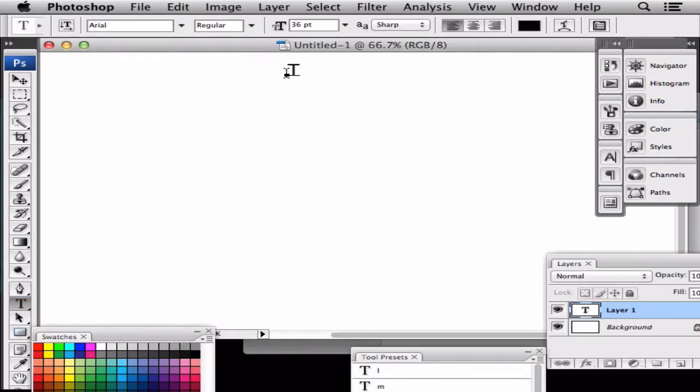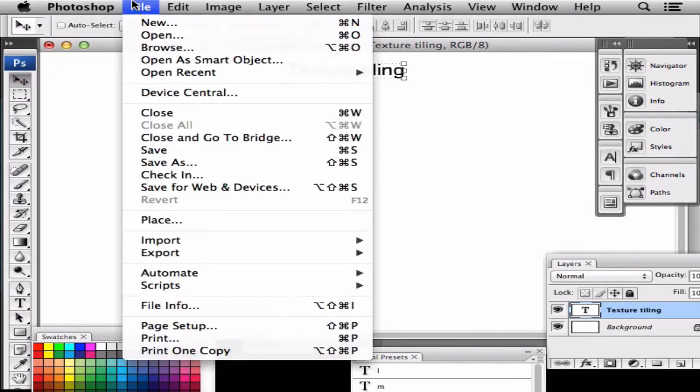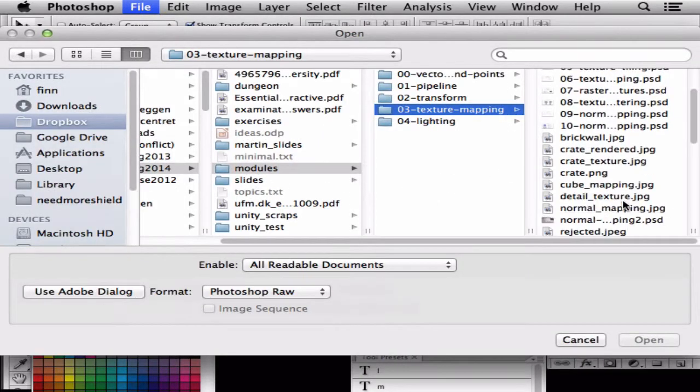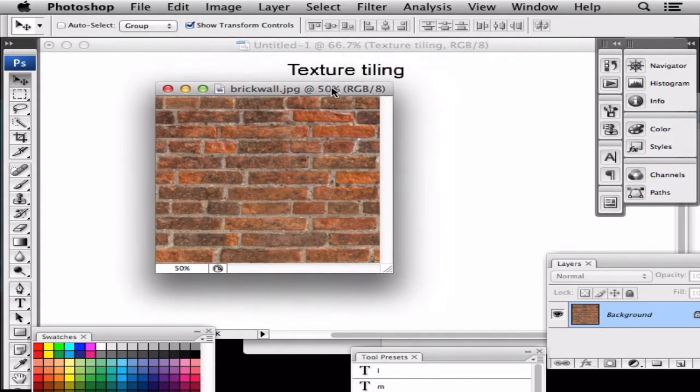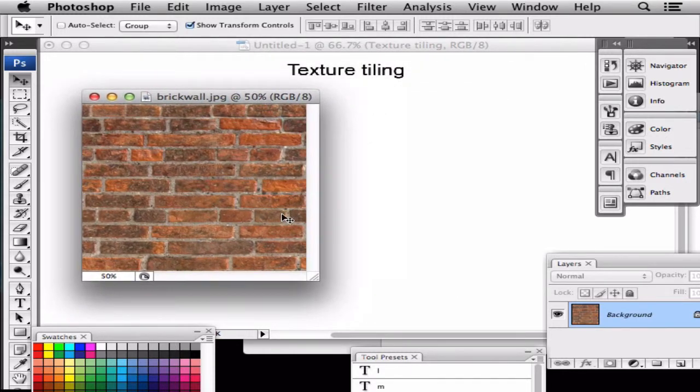Texture tiling. So there's this one here, and this texture is tileable, which means that it has been adjusted at the edges. So if I put several of these next to each other, the seams will be invisible.